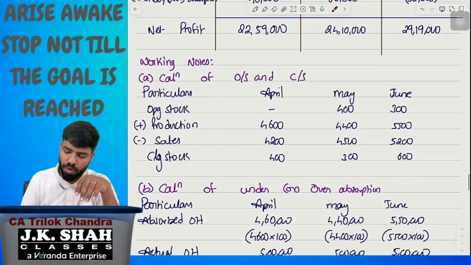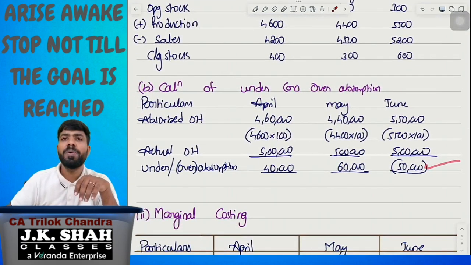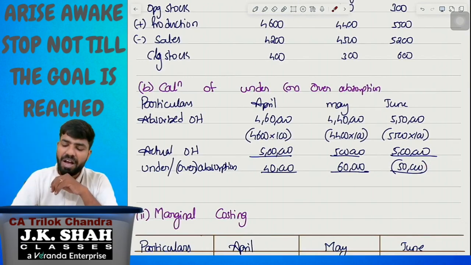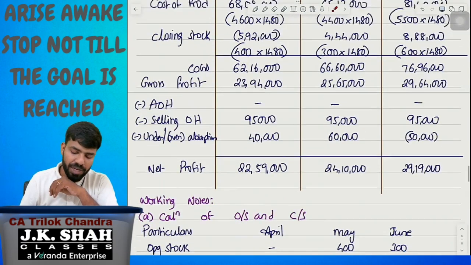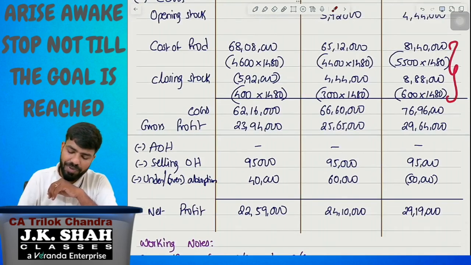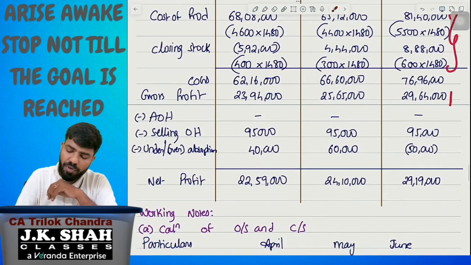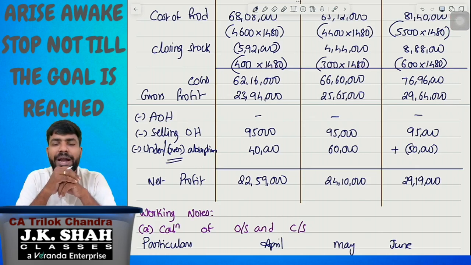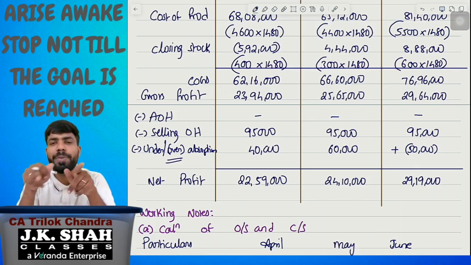There is an over absorption. What do you mean by over absorption? Over accounted. Cost is over accounted. When the cost is over accounted, listen to me carefully, profit would have been decreased. Now we are adding back. This is an addition. I am putting brackets for the identification purpose, to classify it as over absorption, over accounted.